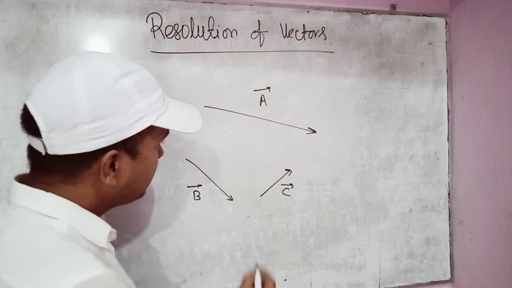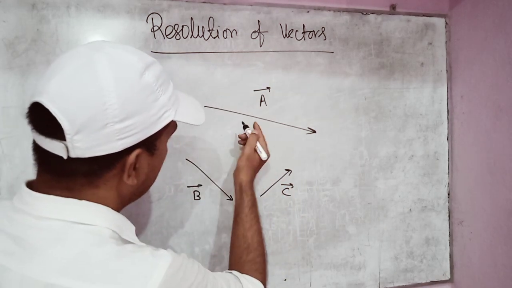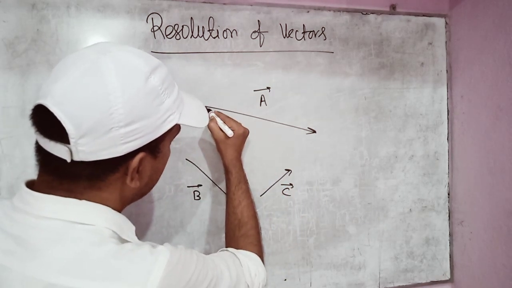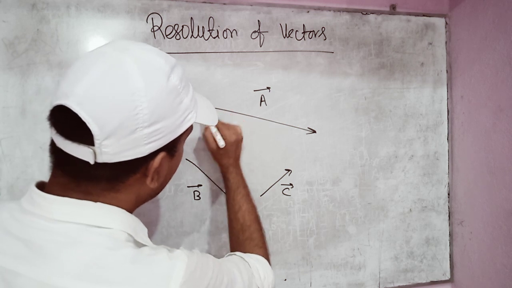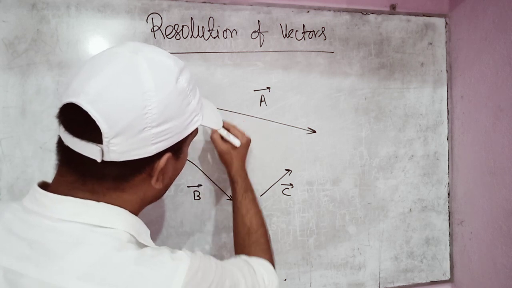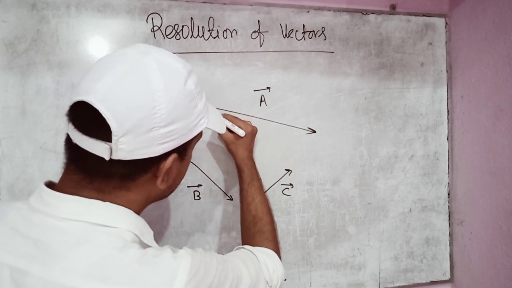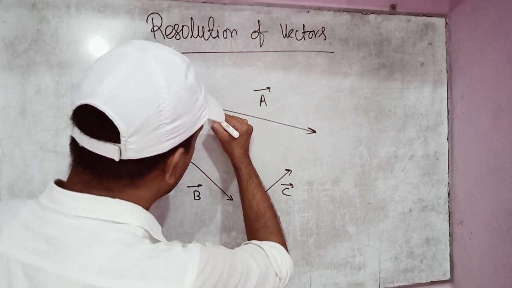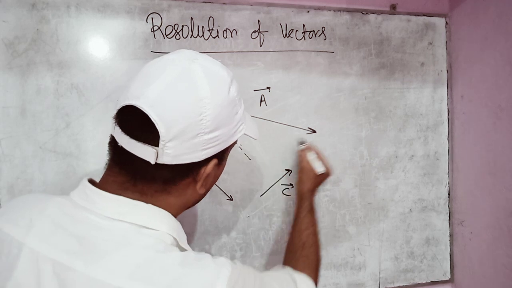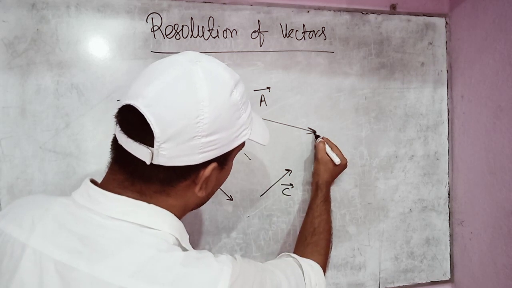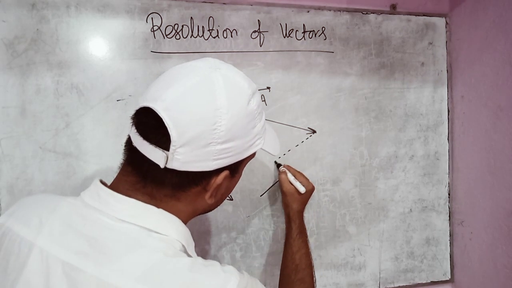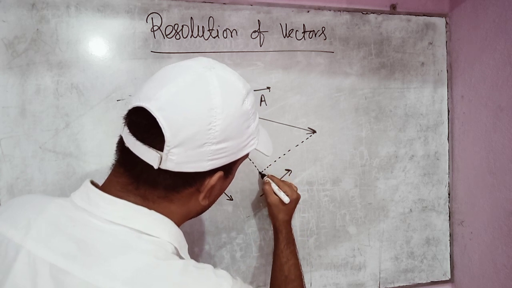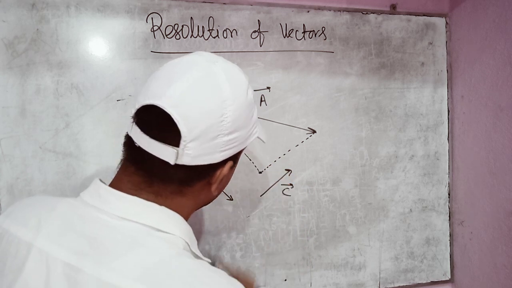So what do we do? From the tail of A we draw a line parallel to vector B, like this. First of all we draw a line parallel to vector B. And from the head of A we draw a line parallel to vector C. Let both of these lines meet here.